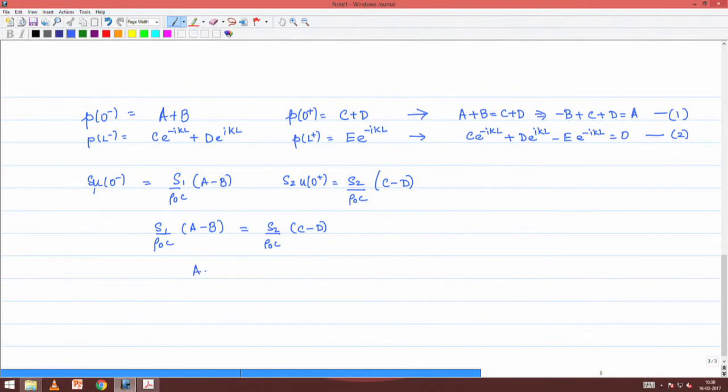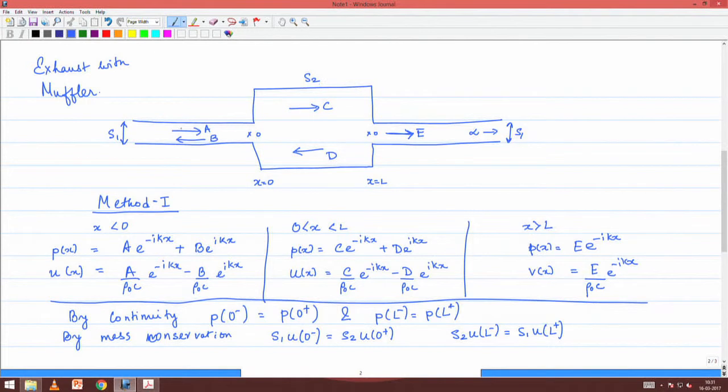Doing a little more simplification, we get A minus B is equal to S2 by S1 into C minus D. We will call S2 by S1 the expansion ratio n, and this is greater than 1 by the nature of construction. This is S2, this is S1, S2 is more than S1.